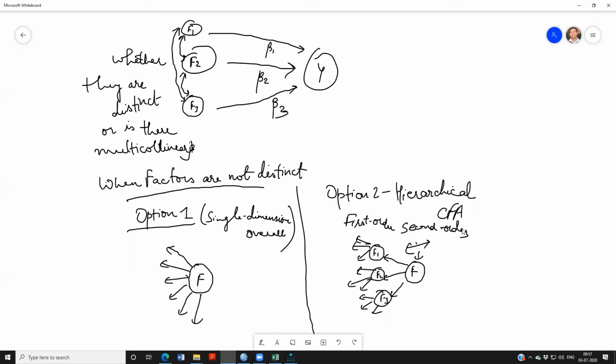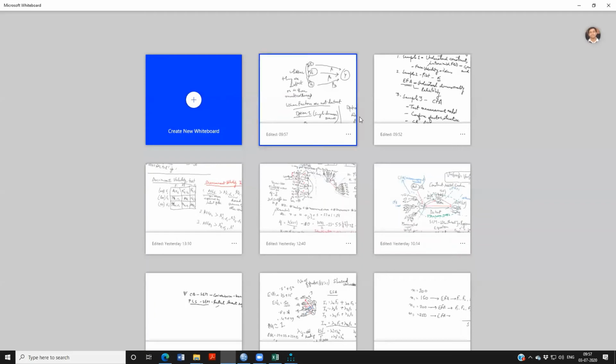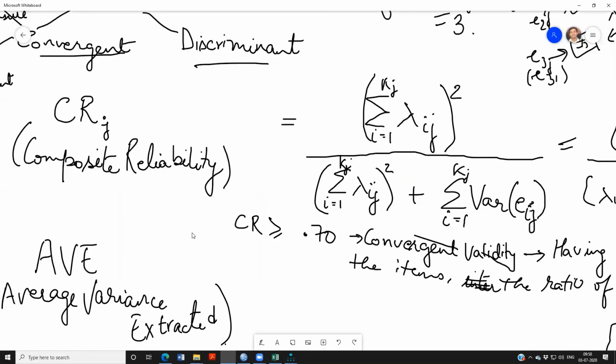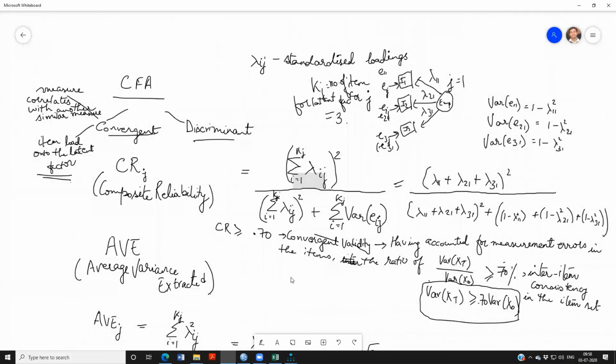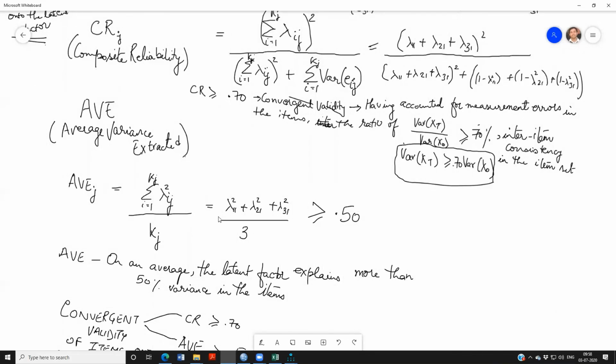Lekha, AVE of a factor would be low when, remember AVE, what did we do yesterday? We said AVE is dependent upon lambda squares. So AVE will be less when the loading of the item on the latent factor is less.